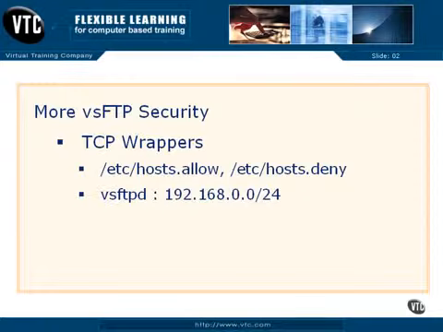Just remember to cite the daemon as configured in the /usr/sbin directory. In this case, it's vsftpd, and the equivalent command to the firewall command discussed earlier is to limit access, as shown here.